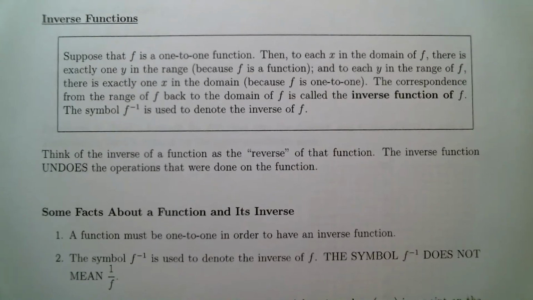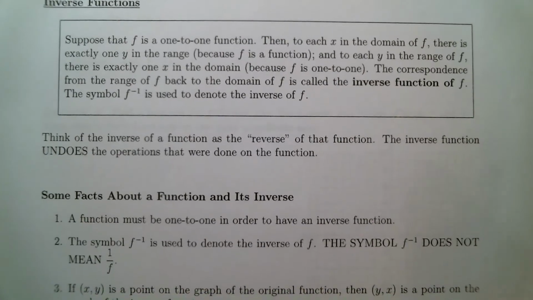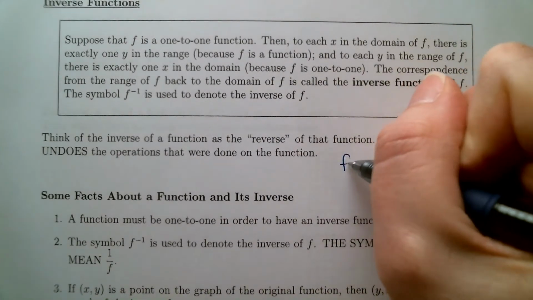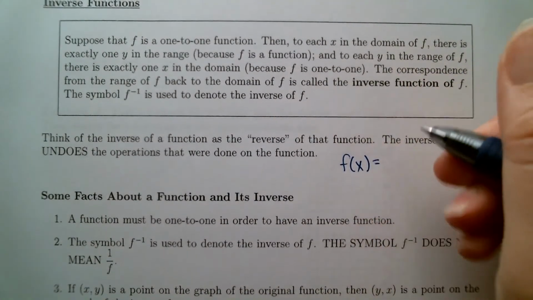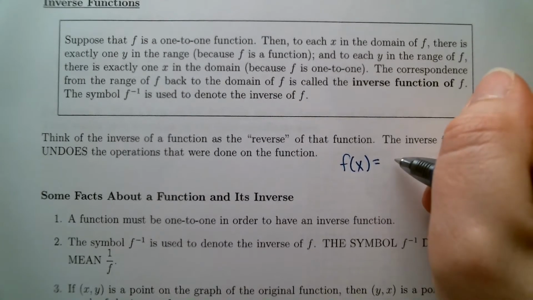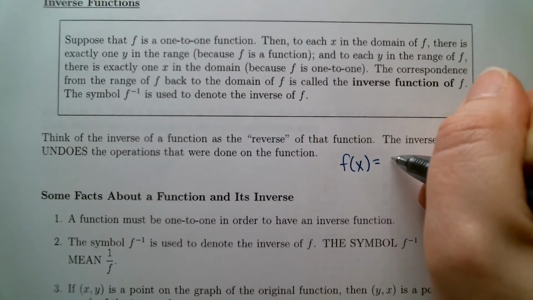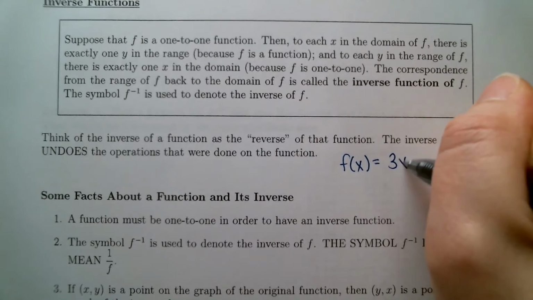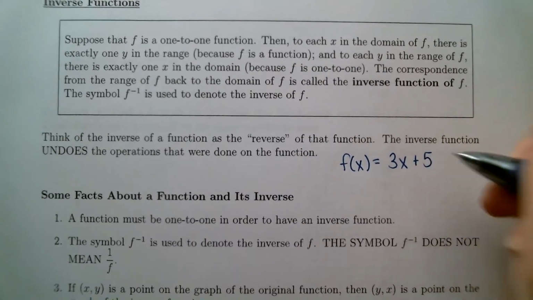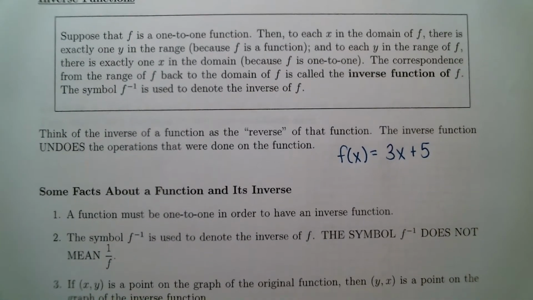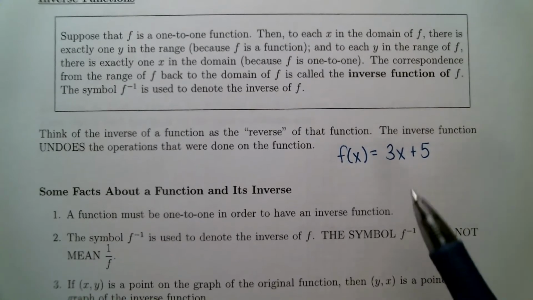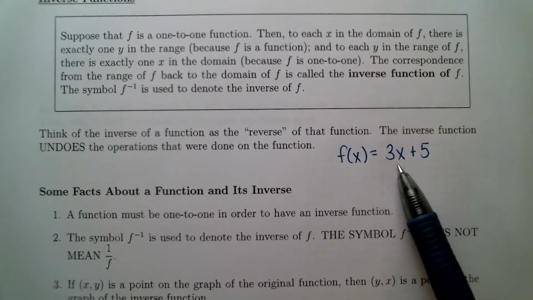Okay, so I'm going to make something up really quick just to illustrate what's going on here. Let's say I have the function 3x plus 5. So a linear function here, this is a line. Say you were given the x value.